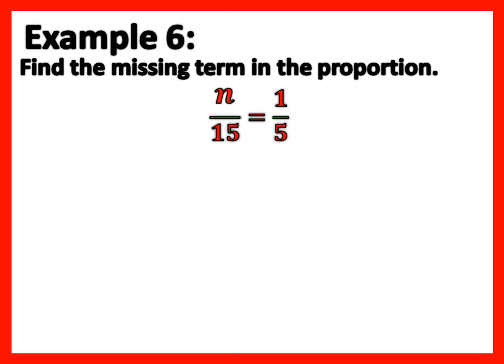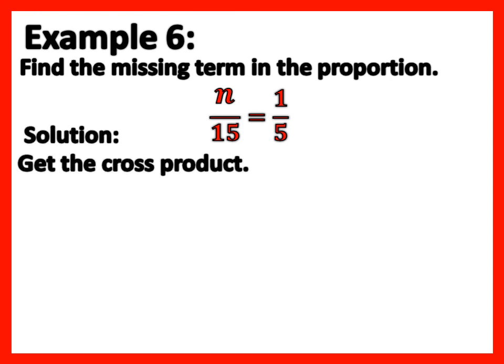And it is in fractional notation. So to solve for the value of n, we need to get the cross product. n multiplied by 5 is 5n. 15 multiplied by 1 is 15.